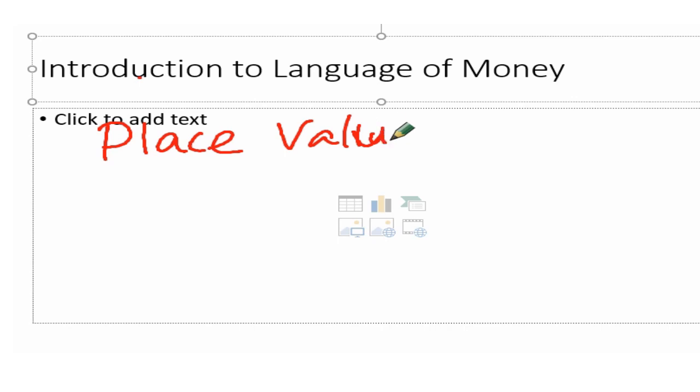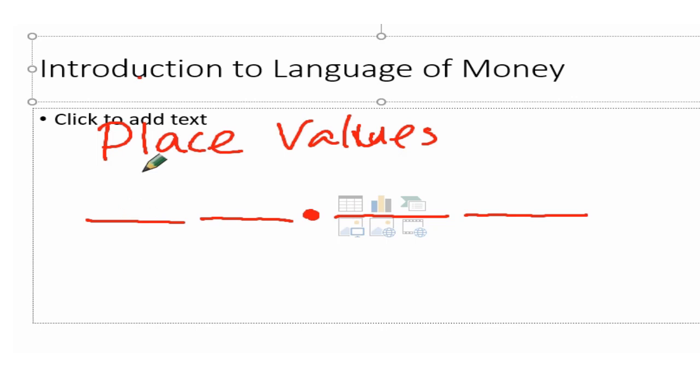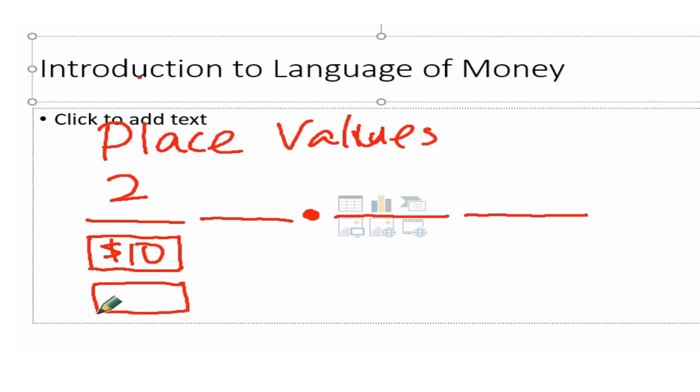Okay? So I'm giving you 4 places, with a decimal. The first place that is farthest to the left is the tens place. And if it's money, I'm just going to put a $10 bill. Let's say there's 2 tens, there's 2 $10 bills.